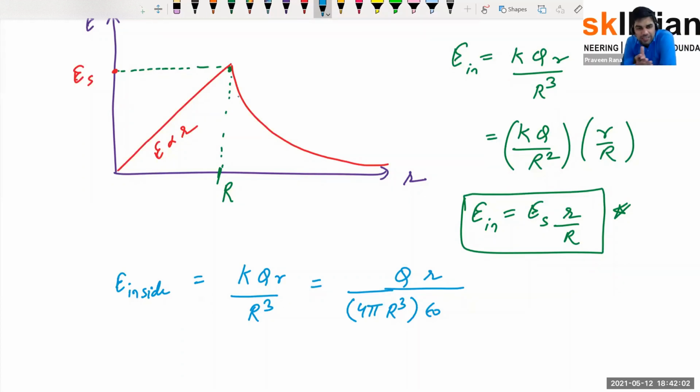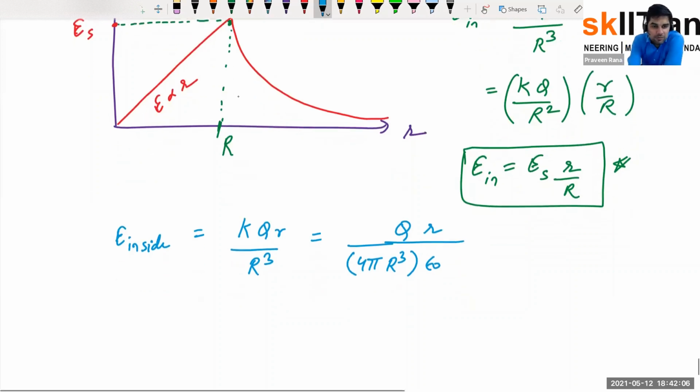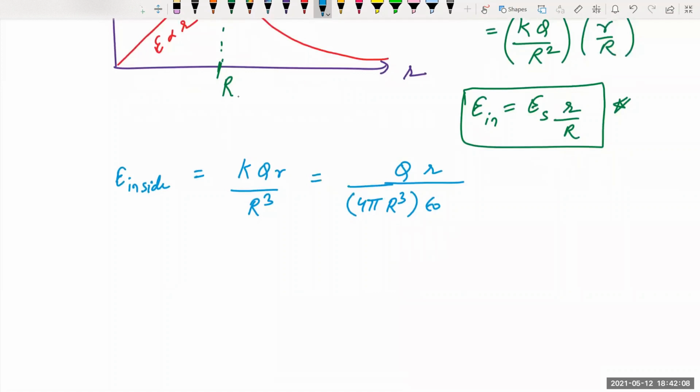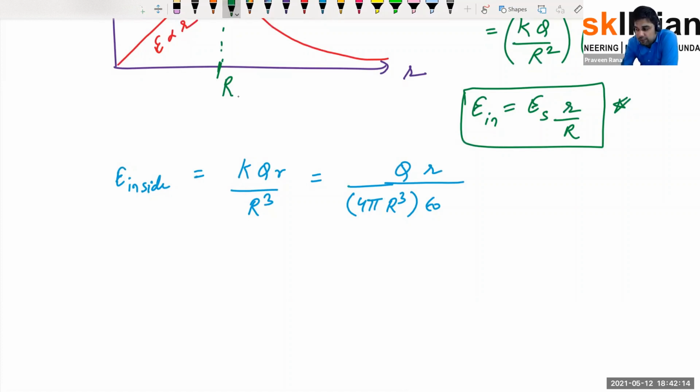So is there a quantity like 4 pi R cubed? Volume, but 4 by 3, it should have been 4 by 3 pi R cubed. Now we can see that it's Q r over 3 times volume times epsilon naught.